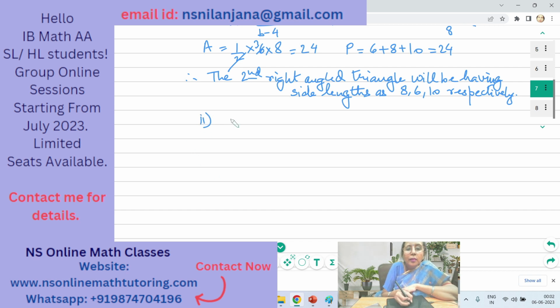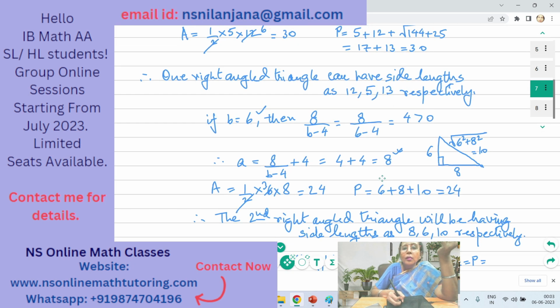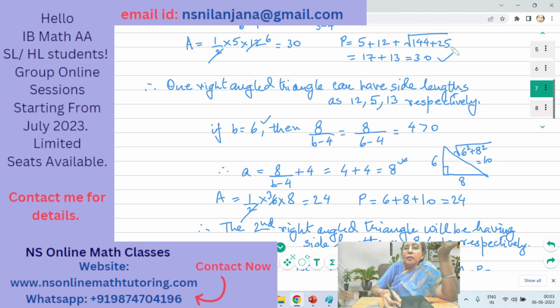So for the first right angle triangle, you don't have to do the calculation again because you have already shown how you have got these values. A is equal to P is equal to 30.